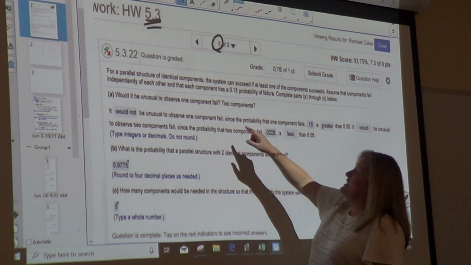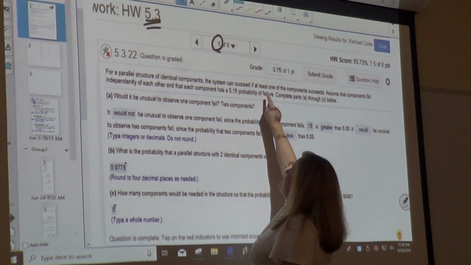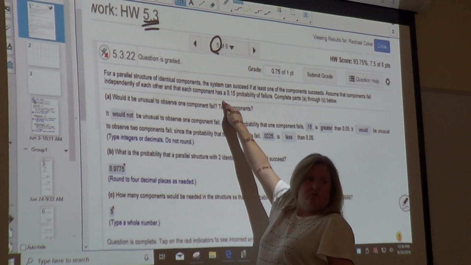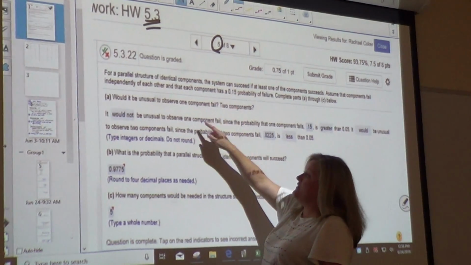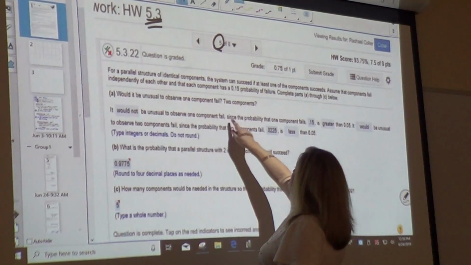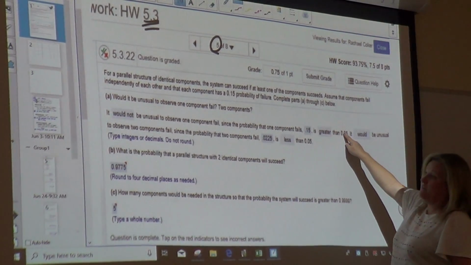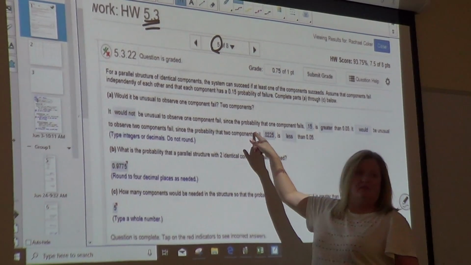So would it be unusual to observe one component fail? So it's a 0.15 of failure. So is it going to be unusual to fail? No, because this is greater than 0.05. So it would not be unusual because 0.15 is greater than 0.05. Then it says for two components to fail.